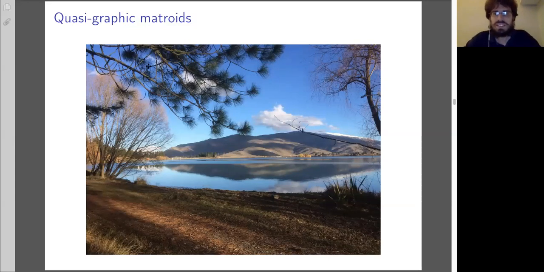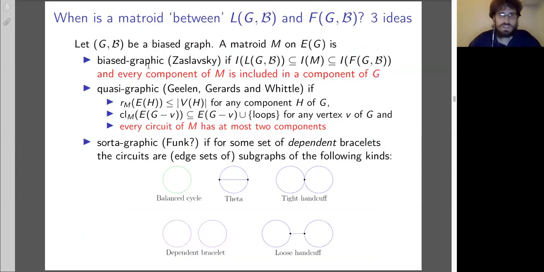Quick question about the previous slide. The fix for Zaslavsky's thing. Does that preclude lifted graphic matroids? Because then if your matroid is just a dependent bracelet, then wouldn't that not satisfy this condition? Yeah, so what happens in that case is that there are some lifted graphic matroids which don't satisfy this.